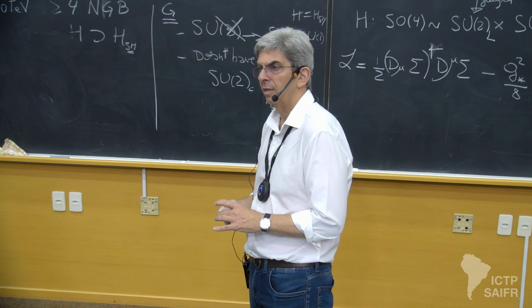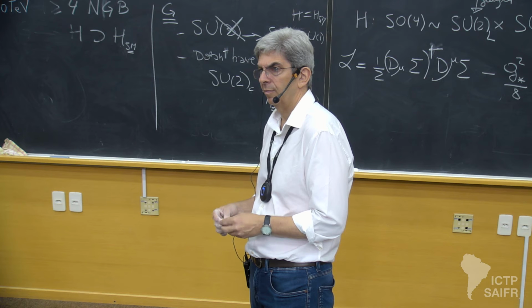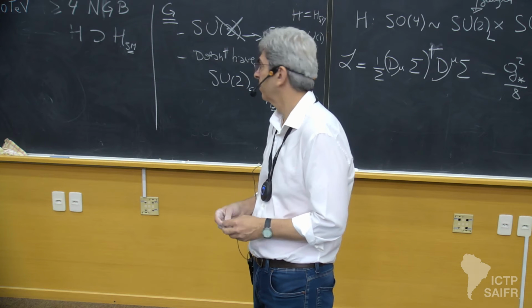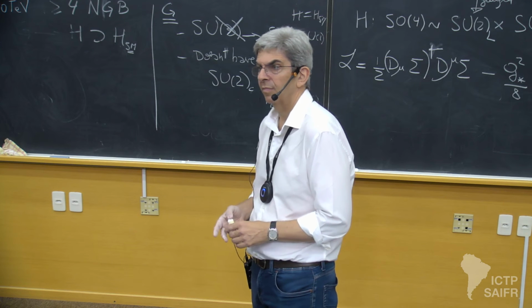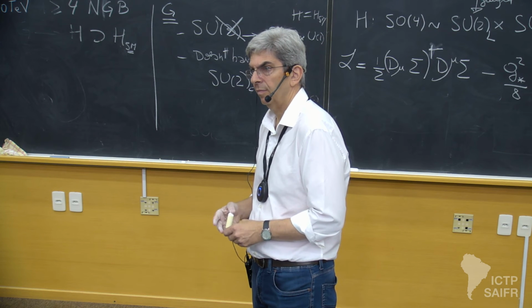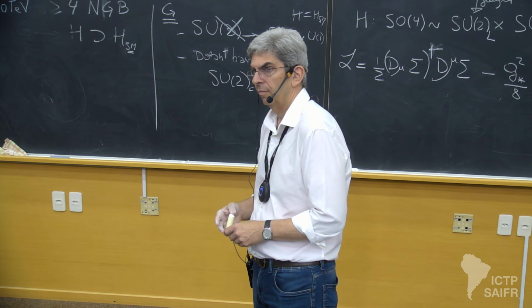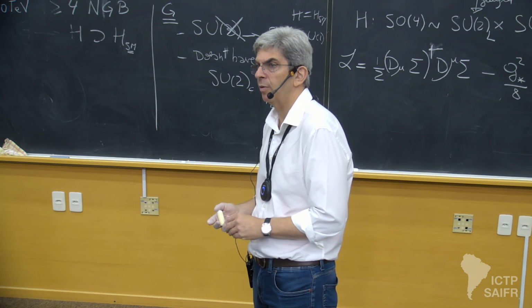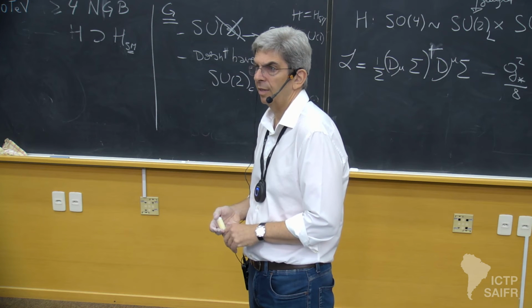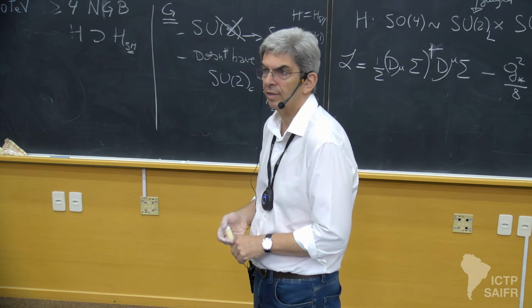Couldn't you impose some symmetry in order to avoid these corrections to the rho parameter? Because sometimes we don't have the custodial symmetry in composite Higgs models, but impose a C2 or Z2 symmetry to not have this. Sure. The easiest thing is to try to reproduce the accidental symmetries of the standard model.